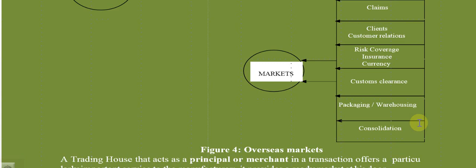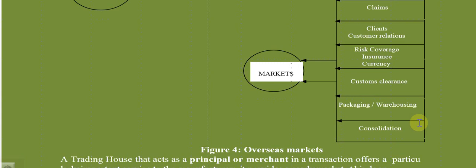You should fasten your parcel inside the container, to keep it fixed inside, by wooden blocks or whatever devices suit the product. So we call this consolidation. Consolidation is also handled in international trading.